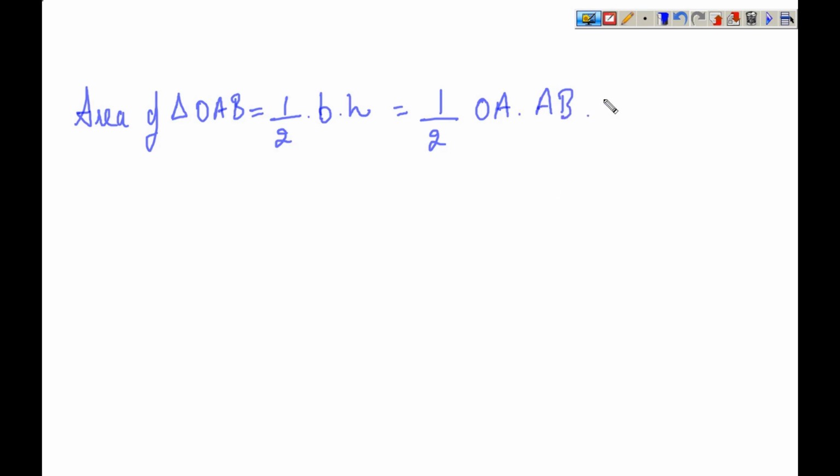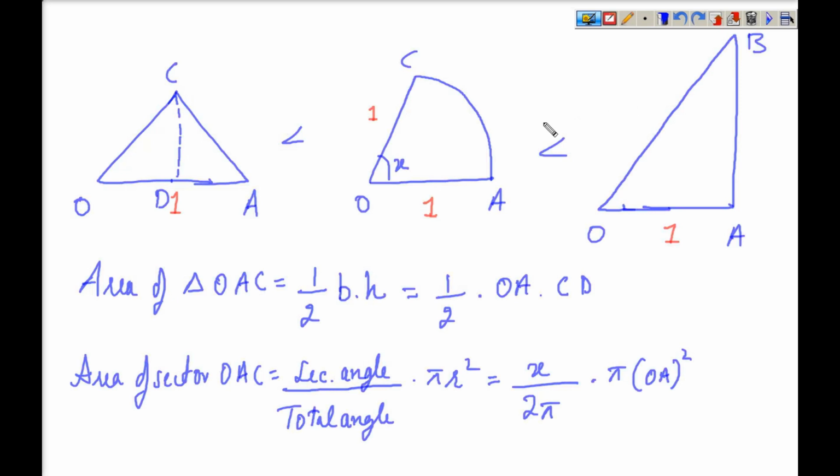Now as you can see, the area of OCA is less than the sector OCA, right? And then this one is less than the bigger triangle OAB.